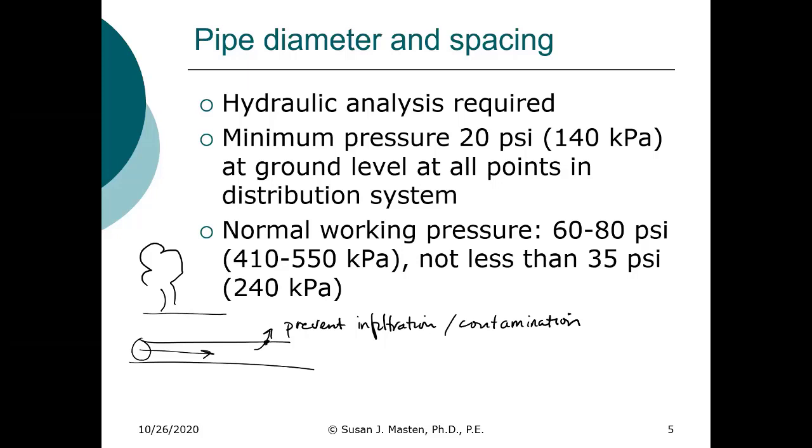So you want a minimum pressure of 20 psi. Normal working pressure is about 60 to 80 psi. Ideally, you don't want less than 35, but that minimum pressure is 20 psi.